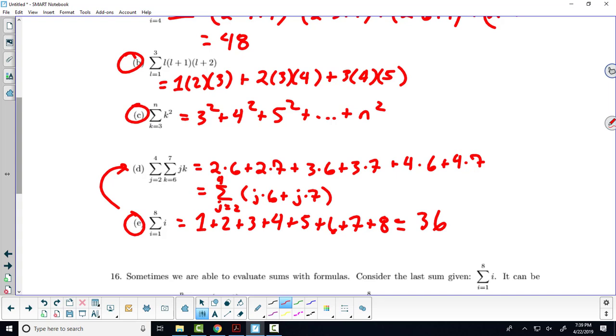It gets a little scrunched in there, I'm sorry, it's hard to read. This is the sum from j equals 2 to 4 of j times 6 plus j times 7. Where did that j times 6 plus j times 7 come from? I evaluated this right here, just leaving that j without substituting anything for it. So this piece right here is this piece right here.